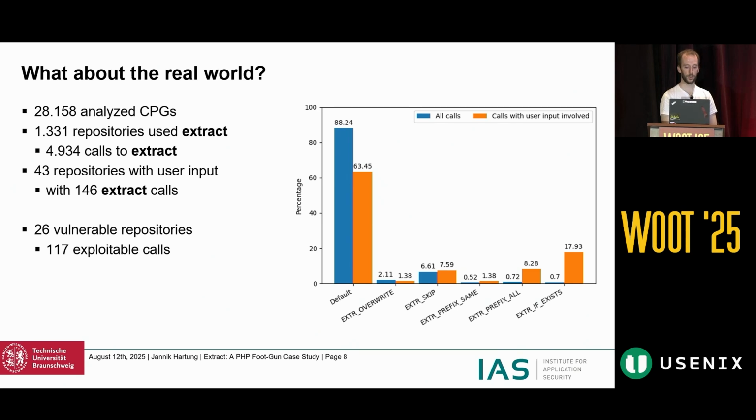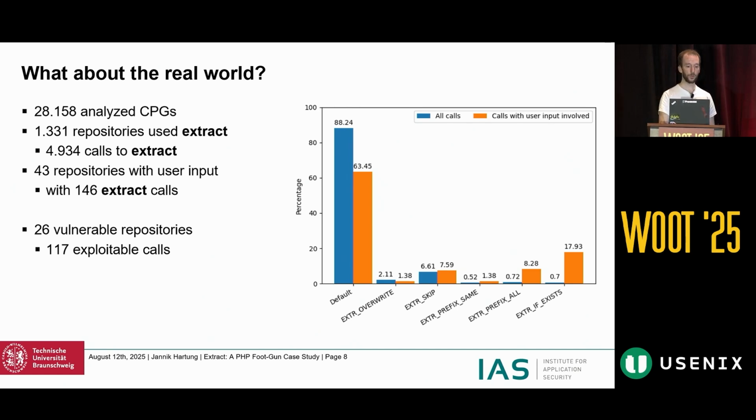The default is just not passing any flags, which defaults to the override flag, which means we just replace any variable that is in the array that we extract and override the values. But we can see that if user input is used, the developers were more aware of the flags and used them in a higher proportion than just using hard-coded values. So there might be someone who's actually thinking about security when using extract.